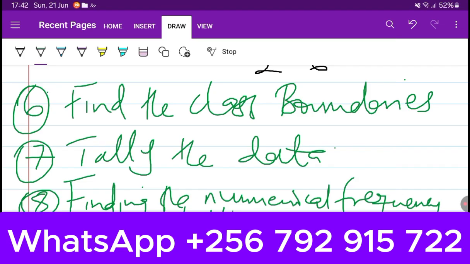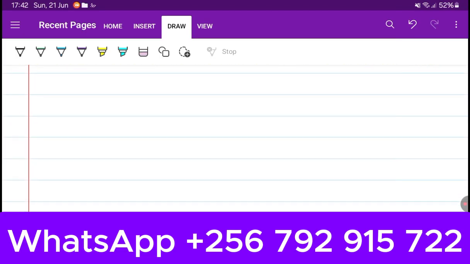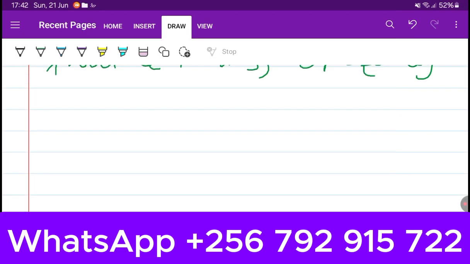And of course, you can go ahead to compute the cumulative frequency and other stuff, depending on the question that you have. So those are the steps that we can go through to compute what we call the cumulative frequency table.